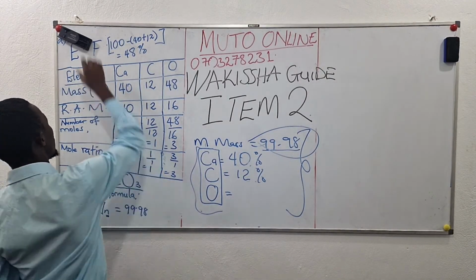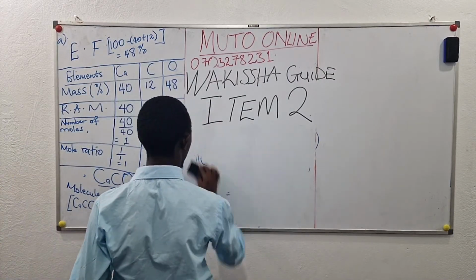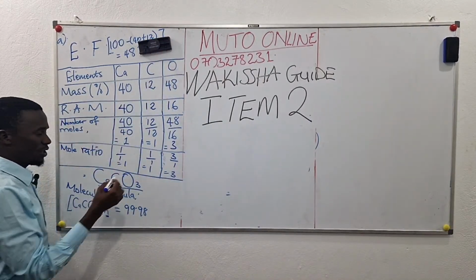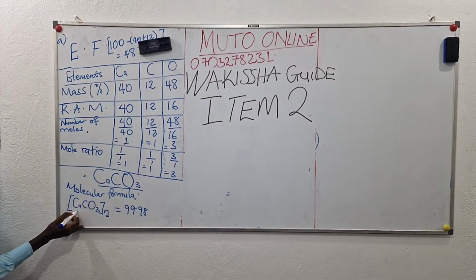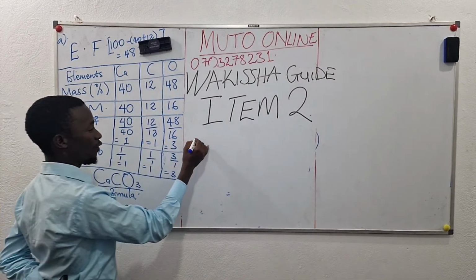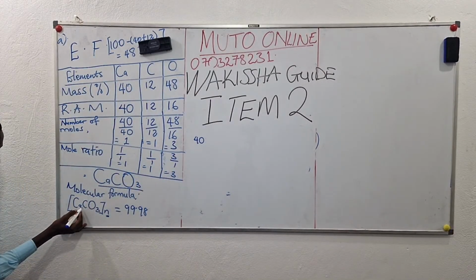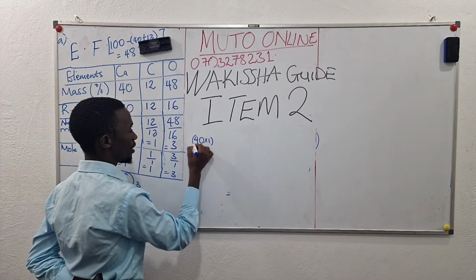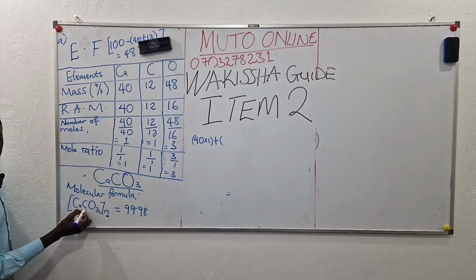So here we shall have, we know the atomic mass of calcium. The weight of one atom is 40. We shall multiply it by how many atoms of calcium do we have in this simplest formula? It is 1 times 1 plus what is the weight of one carbon atom?